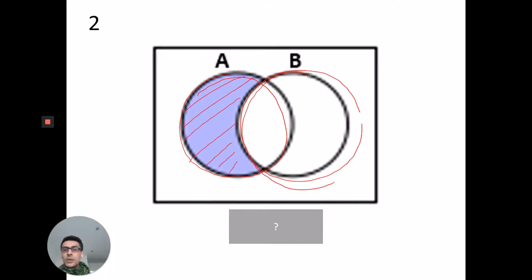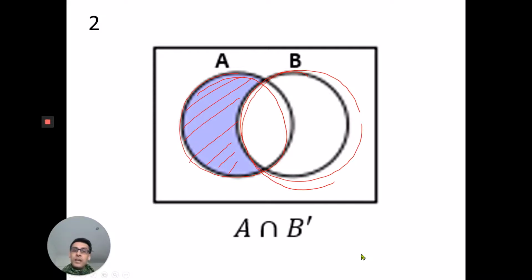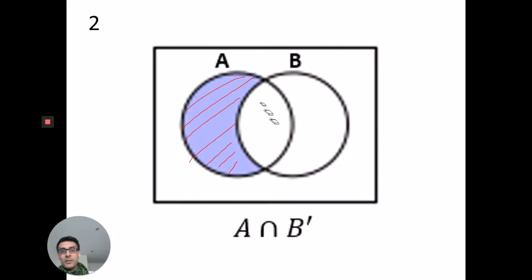So I can represent this by saying it's the elements of A and not B. So you can say A and not B. Now, if you wrote not B and A, that's also fine. So the order in this case doesn't matter. And this applies to most of the questions that we're doing here.